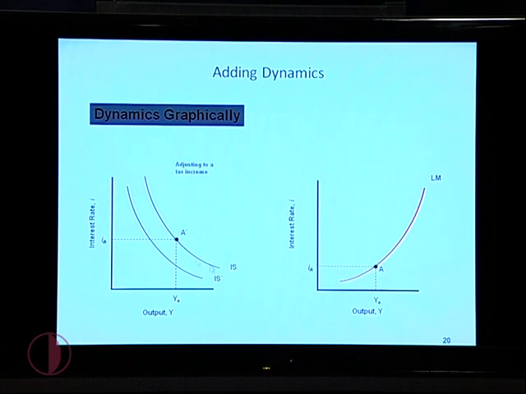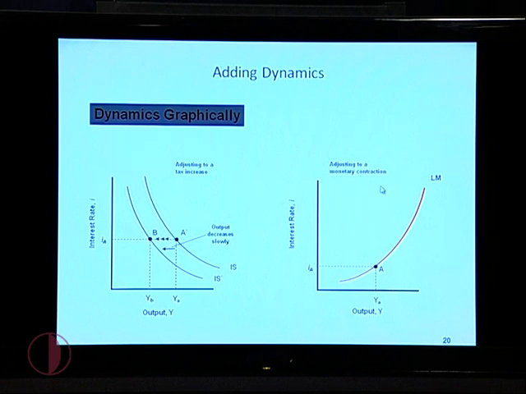A tax increase shifts the IS curve to the left, that is inward. Output decreases from YA to YB.